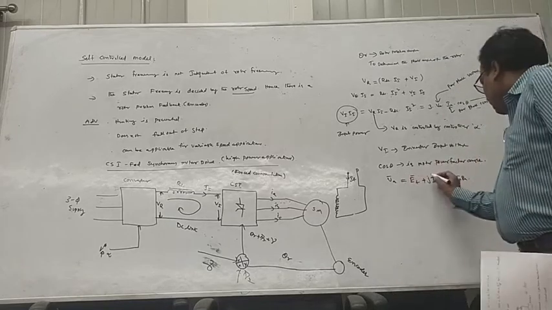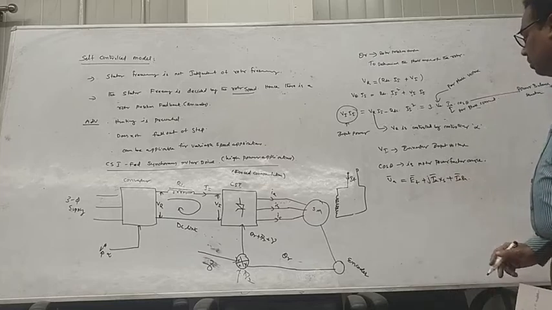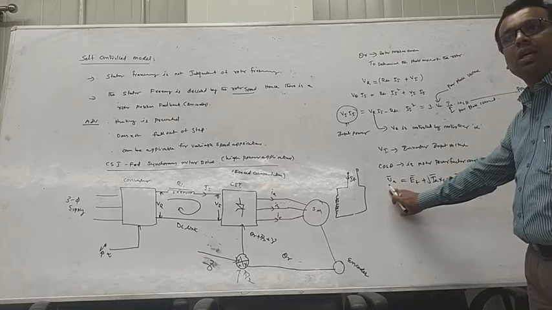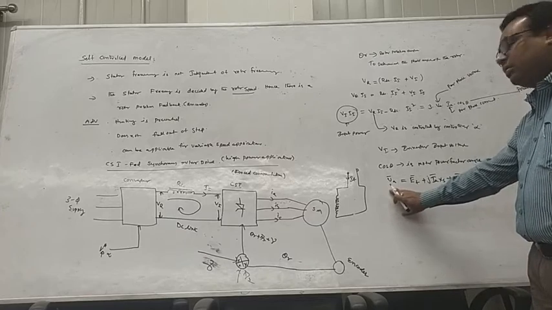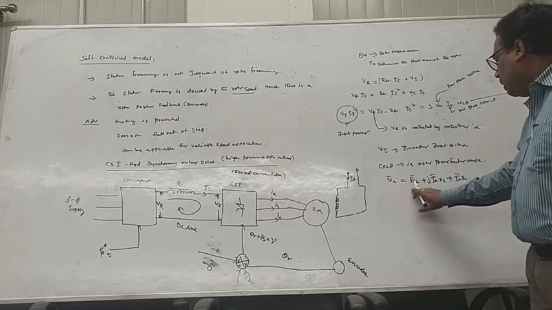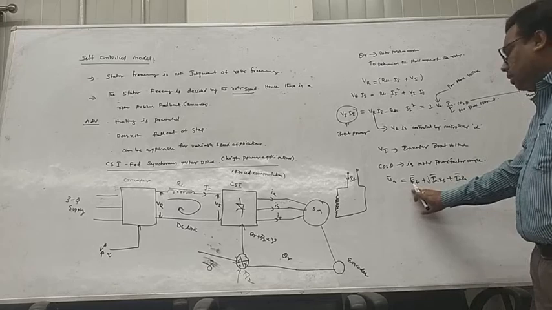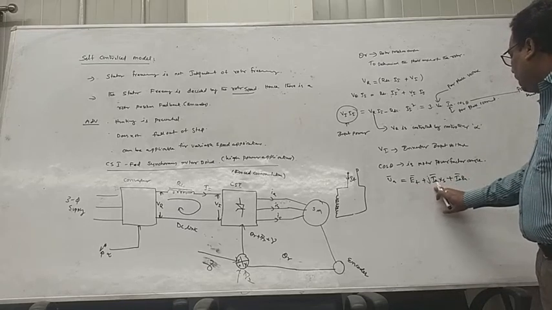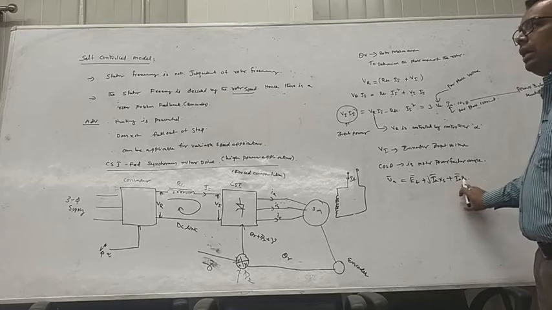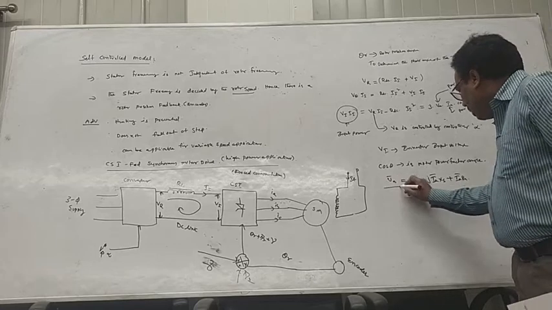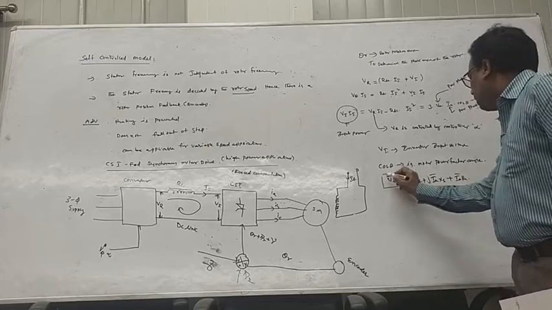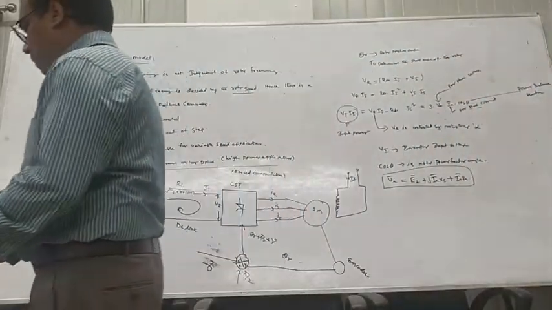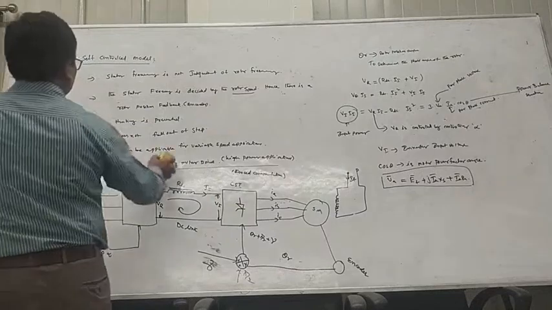So IA is the vector here. So the armature voltage of a synchronous motor is equal to EF plus j into IA into XS plus IA into RA. So how will we represent this equation in the phasor diagram model? I will discuss this in the phasor diagram model.